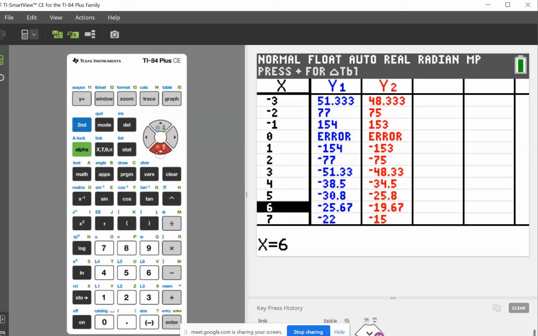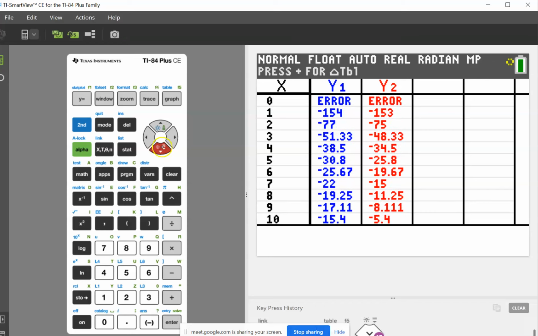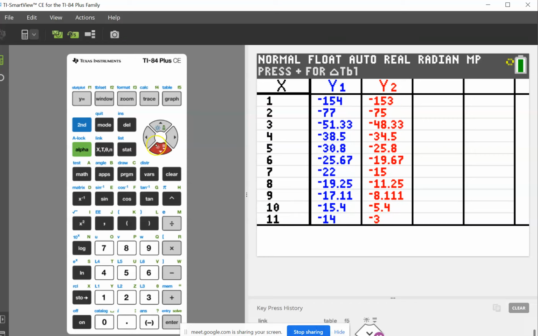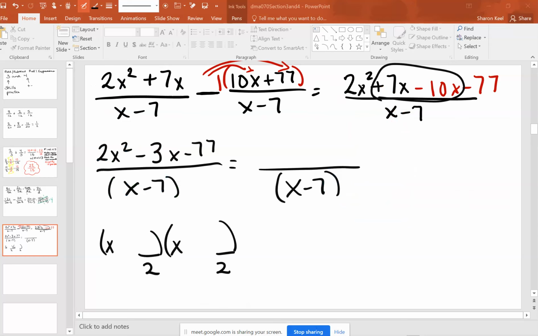So I've got to scroll down a little bit. I'm looking for a negative 3. There we go. And that gives me a positive 11 and a minus 14. For the first term, I cannot reduce 11 halves, but I need to do bottoms up, and that's going to become 2x plus 11.